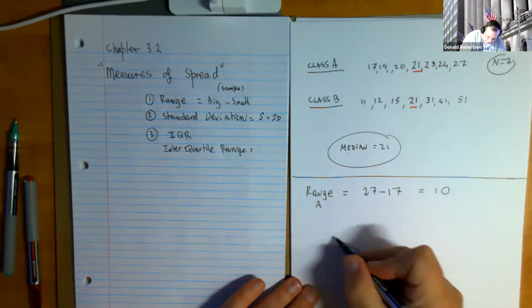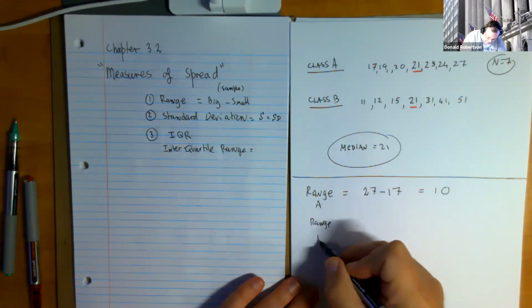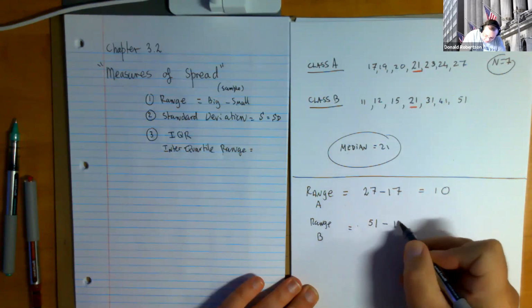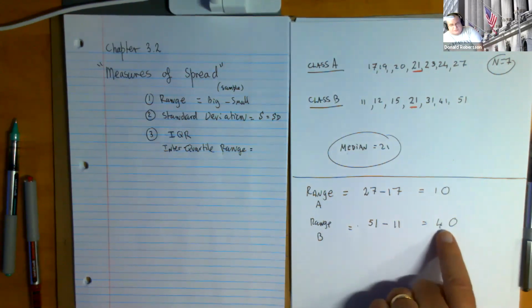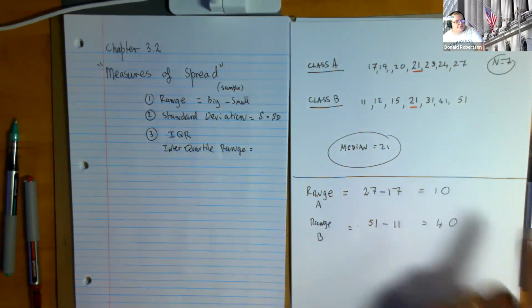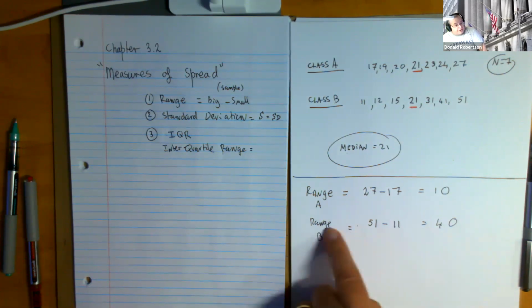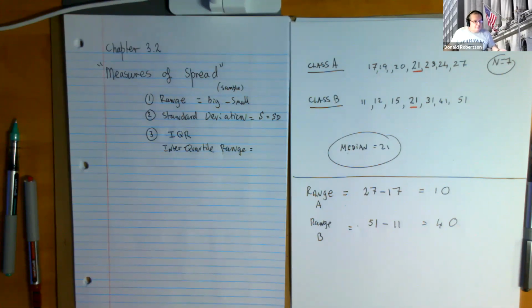Now, if we did the range for the second class, you would have a 51-year-old take away an 11-year-old, and that's 40. Isn't the range of this class 4 times bigger than the range of that class? So in a way, that is a measurement. Isn't that a number that allows you to see the range of class values?